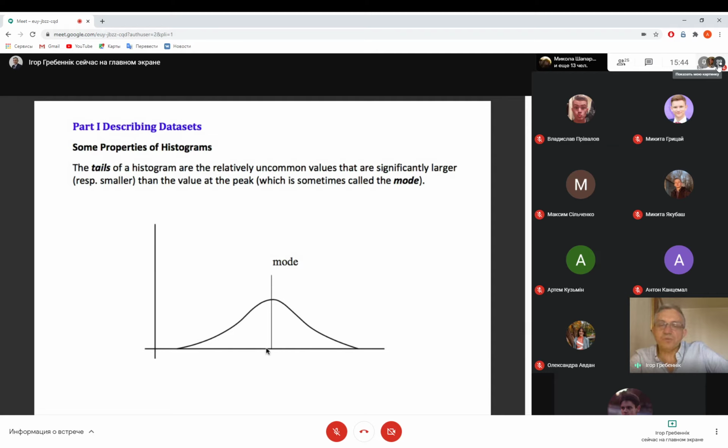And one more concept: the mode. This is a value which corresponds to a peak of the histogram.